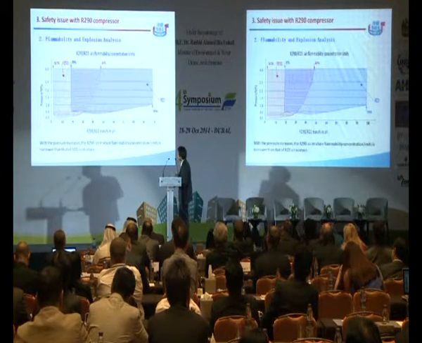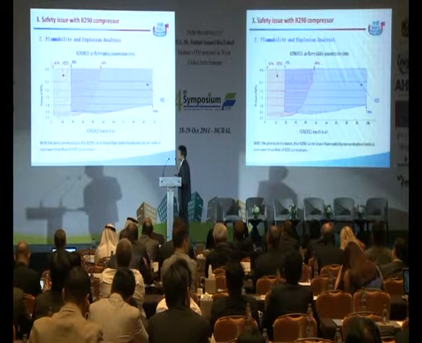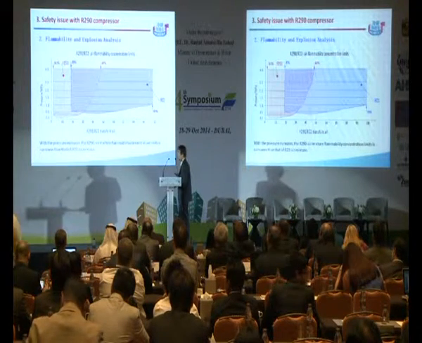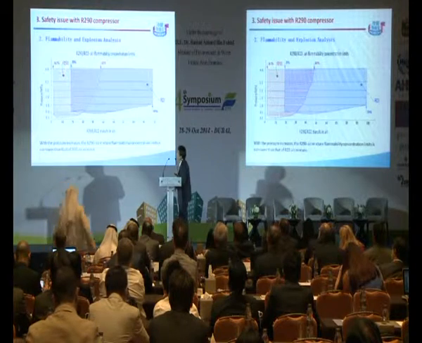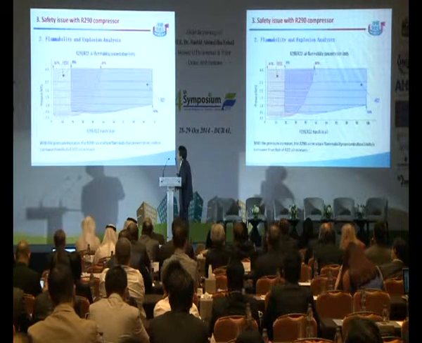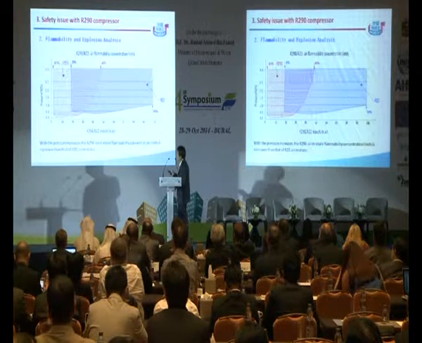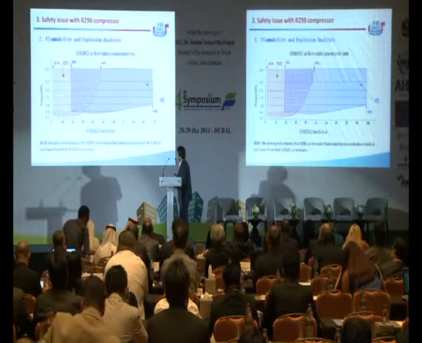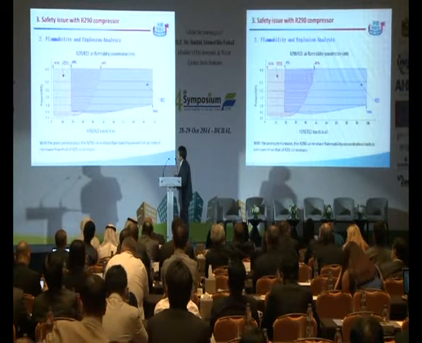Another point: we know R290 is flammable, R22 is not flammable, but this is in the atmosphere. With the pressure increase, what will happen? Here we performed research on this. The x-axis is the R22 or R290 mass in the air. The y-axis is the pressure.